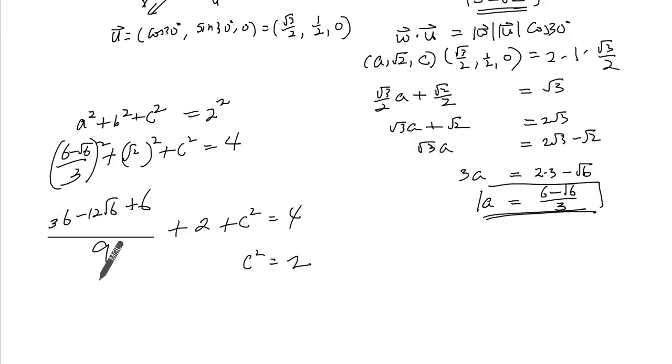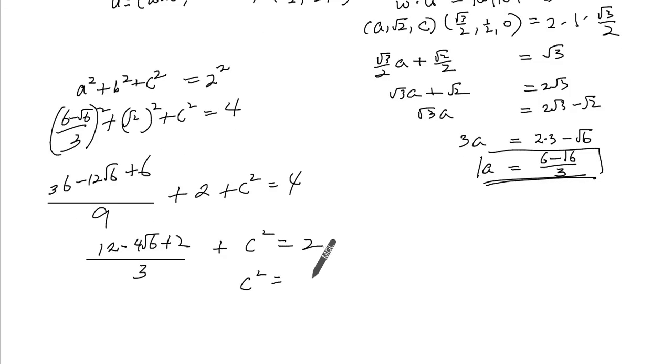So you get 12 minus 4 root 6 plus 2 all over 3. Let's line it up a bit. Then c squared is equal to 4 minus, if you combine these two, 14 minus 4 root 6 over 3.